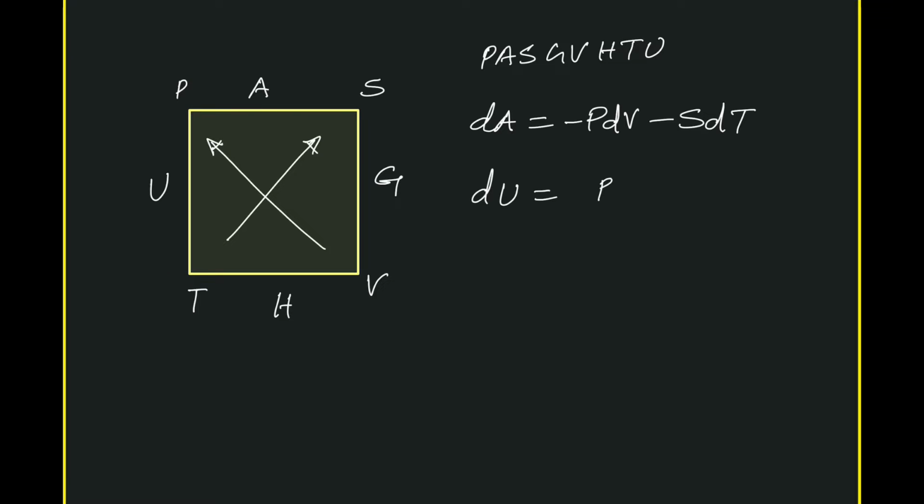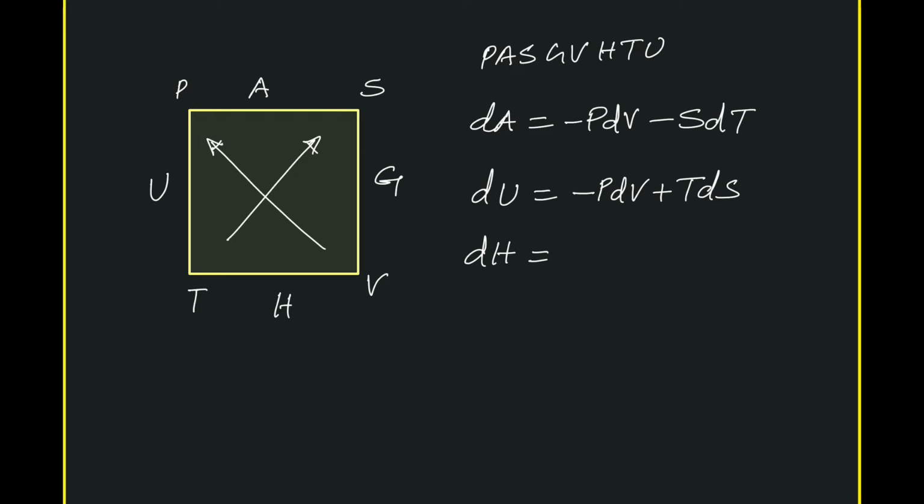For P, the distant variable is V, and for T, the distant variable is S. So P dV and T dS. For P, the arrowhead is pointing towards, so we have negative. Whenever the arrowhead is pointing towards that side variable, we have the negative sign. For T, there is no arrowhead nearby, so we have plus. Using the same convention, we'll also write for the other variables, say H.